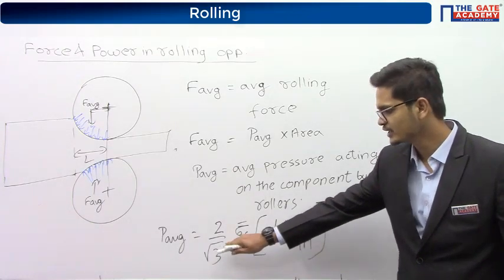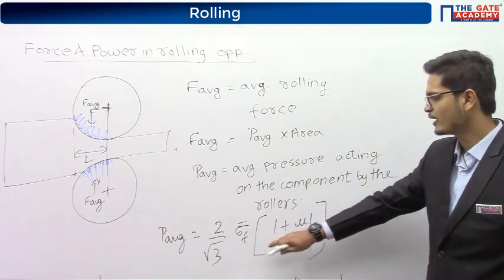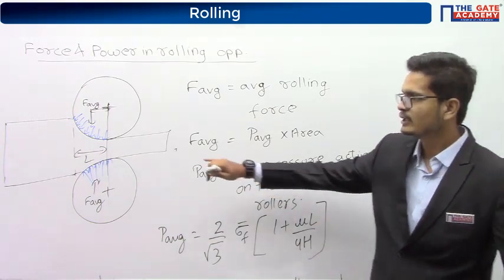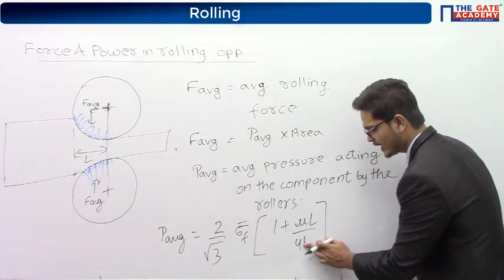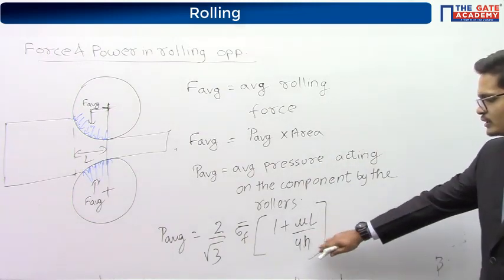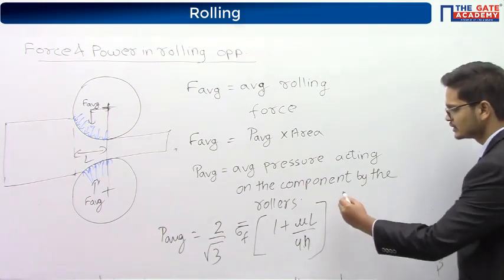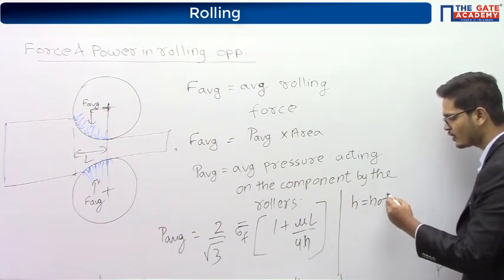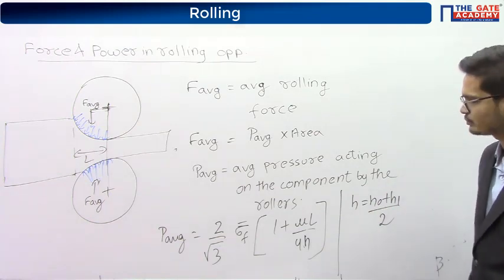Last class we have seen sigma F bar is the average flow stress. What is L? L is the length of the deformation zone. Here, let's take small h, since throughout the chapter we have used small h. Which h is it? Is it h0? Is it h1? It is the average h: h is equal to (h0 plus h1) by 2.